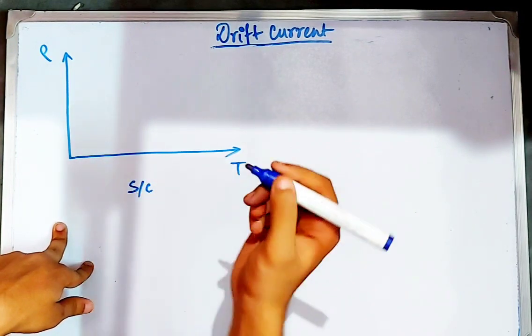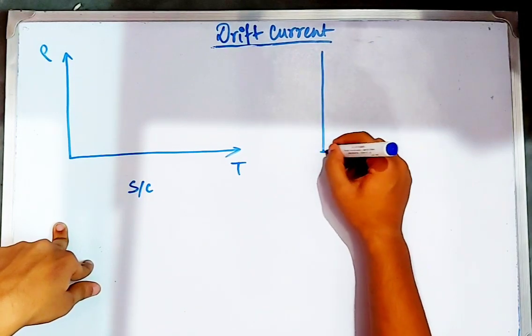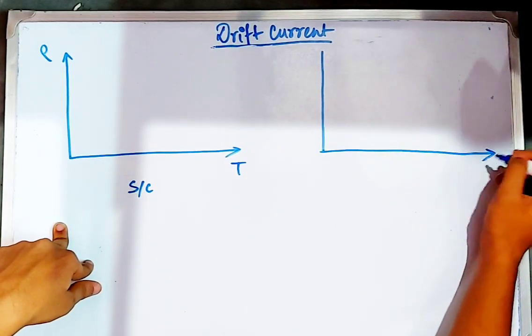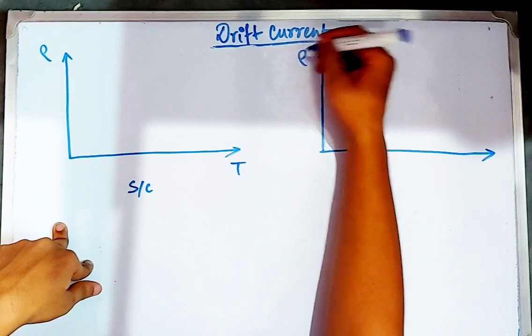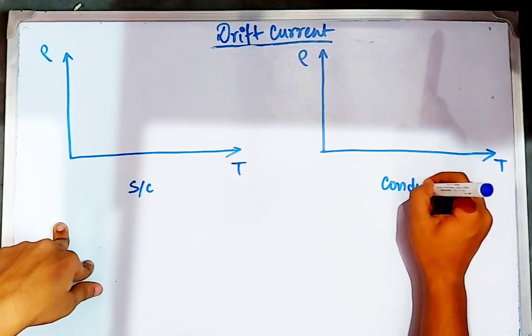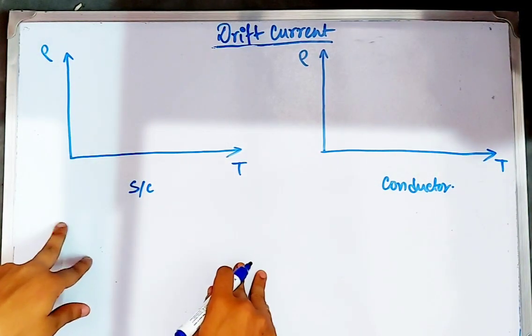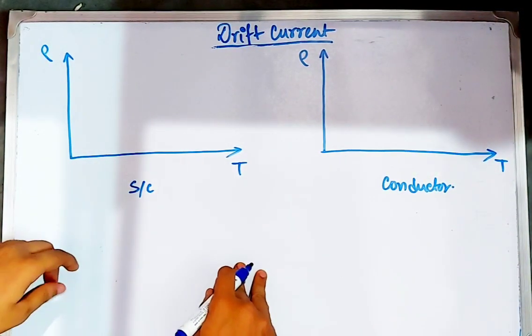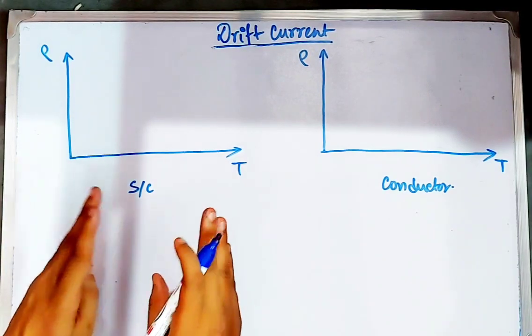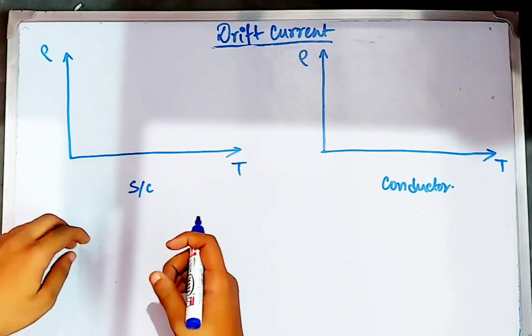So the first picture is for the semiconductor, and I will draw the same curve considering a conductor. So here is the curve for the conductor. Right now I will first draw the curve, then I will go into the explanation of the curve.